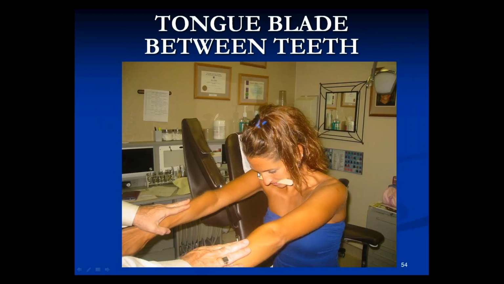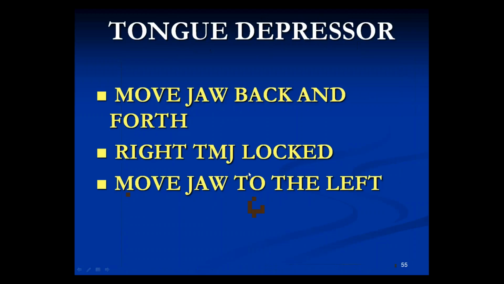Now, I had a patient yesterday who was locked, and all I did was put these tongue blades between her teeth. I started out with 1, and then 2, and then 3, and then sometimes 4, and all she did was move her jaw back and forth, back and forth, and she unlocked. The mother was so impressed. I actually had an in-office course with 5 dentists watching me, and I think they were impressed too because it was so simple.